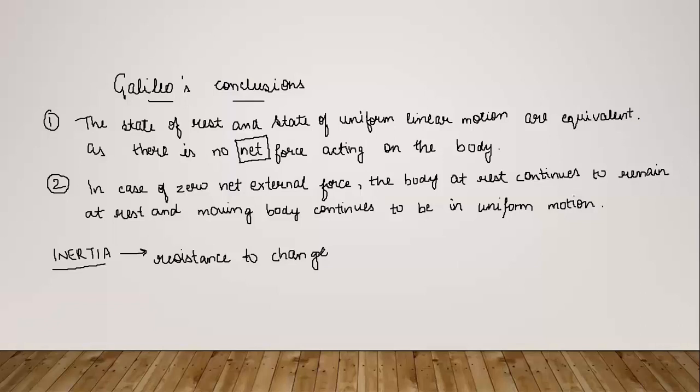So if we simply summarize it, we can say that no external force is required to keep the body in uniform motion in the absence of frictional forces. Galileo's conclusions were on ideal conditions, meaning we do not consider friction.